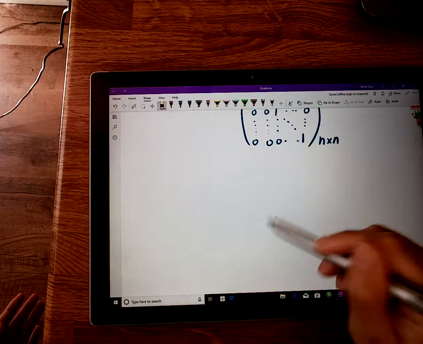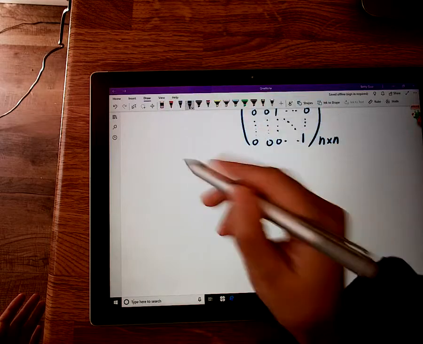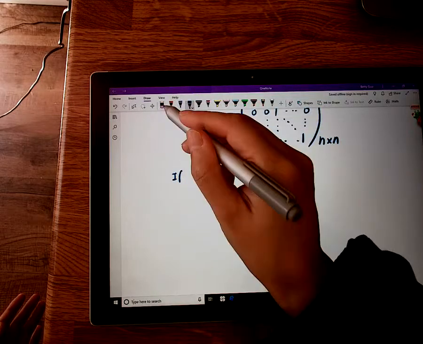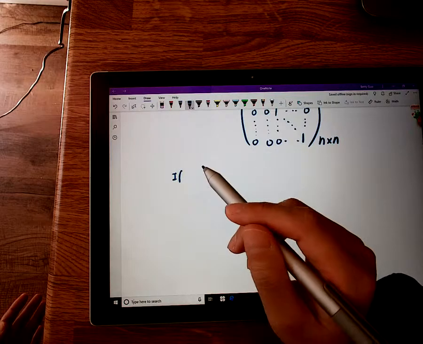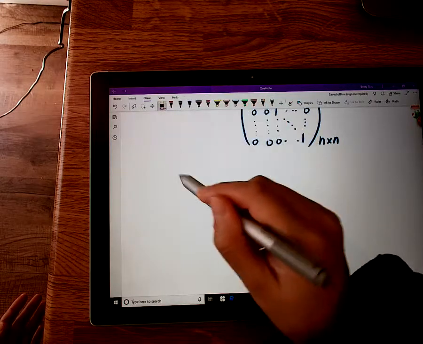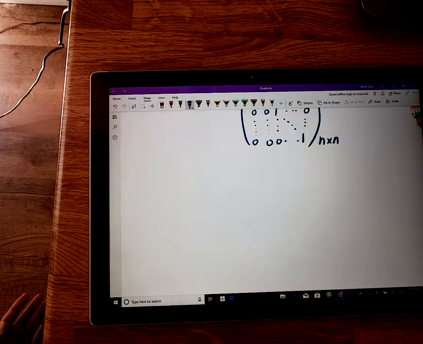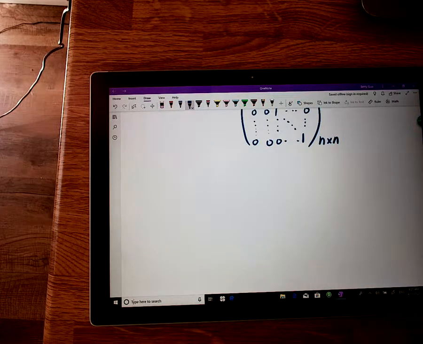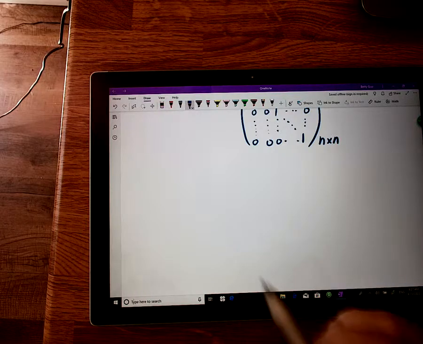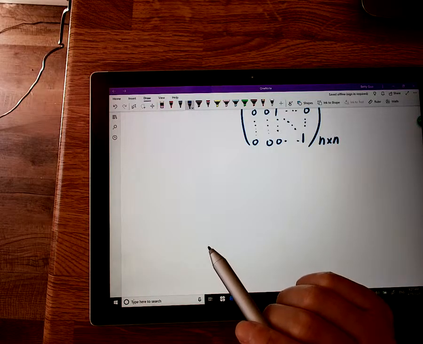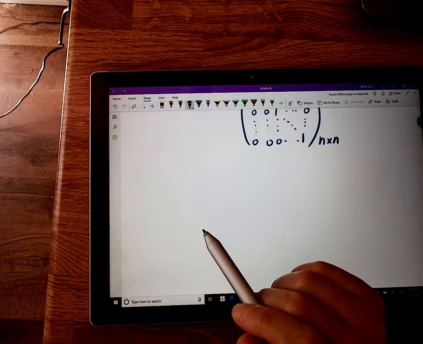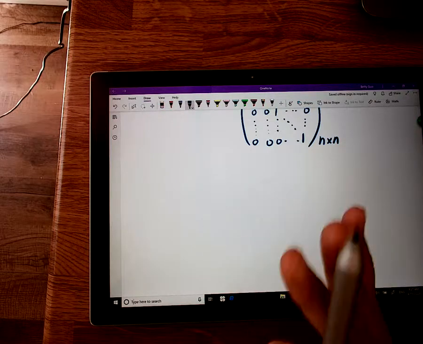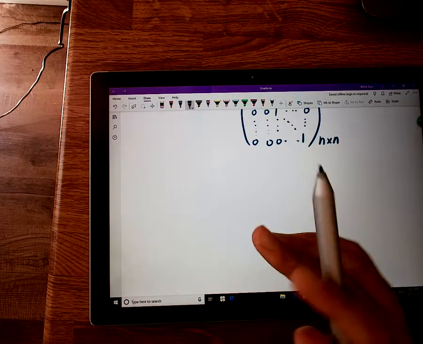Similarly, if we have an n by n square matrix, by the way, if the matrix is not a square matrix, in other words, the number of rows and the number of columns are not equal to each other, then the matrix is definitely not invertible. So when we talk about inverse matrices, we are talking about square matrices.